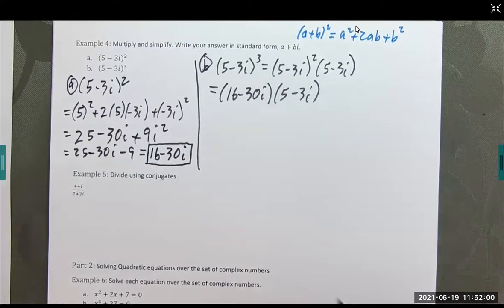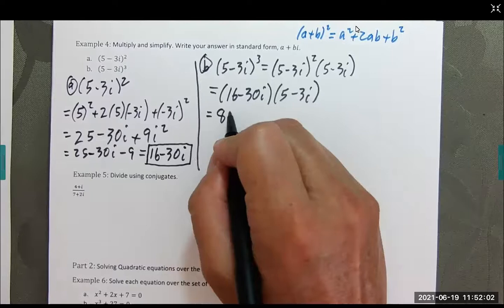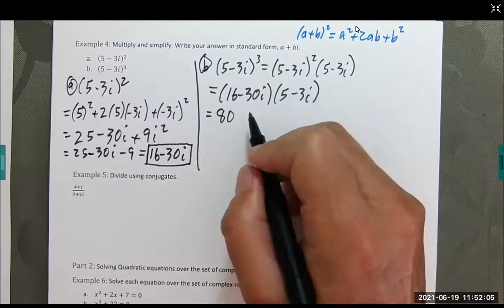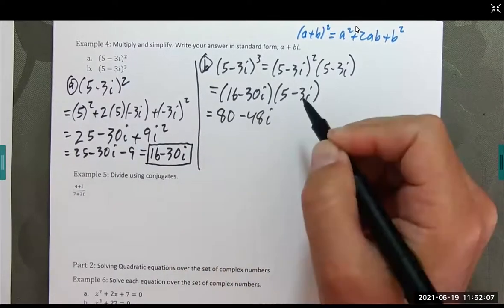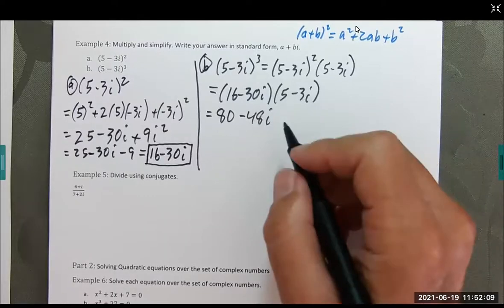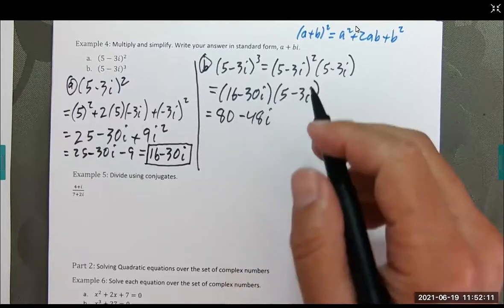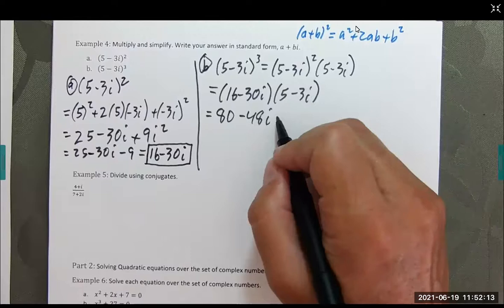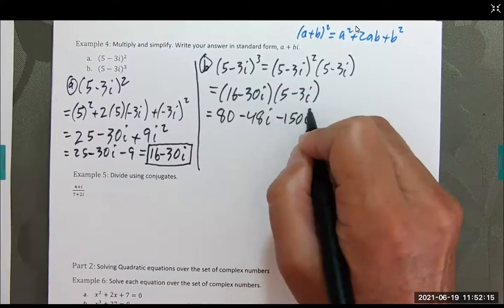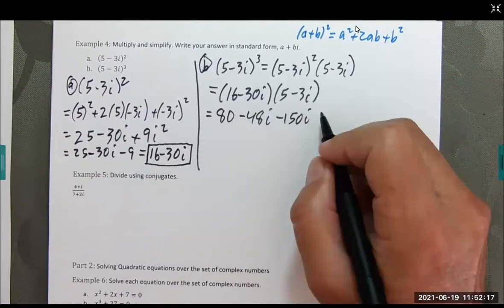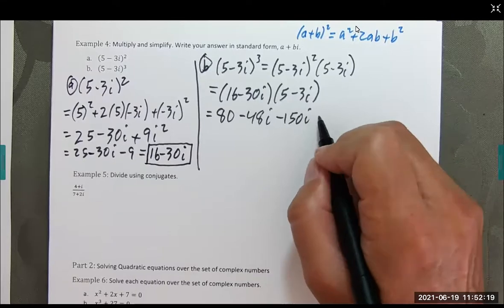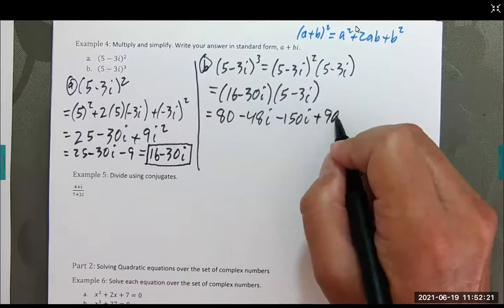Five times 16 is 80. 3i times 16 is 48i. Negative 30i times 5 is minus 150i. Negative 30i times negative 3i is going to be plus 90i squared.